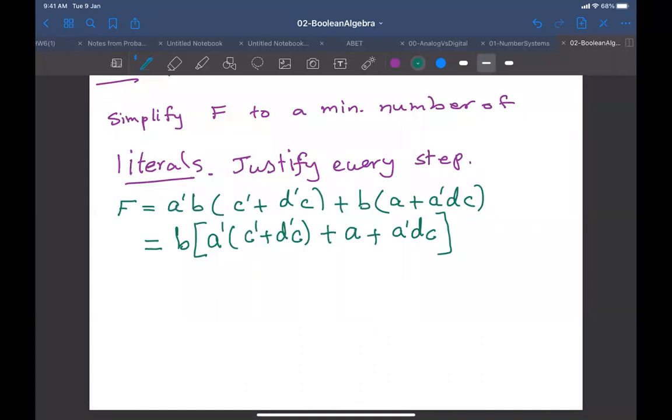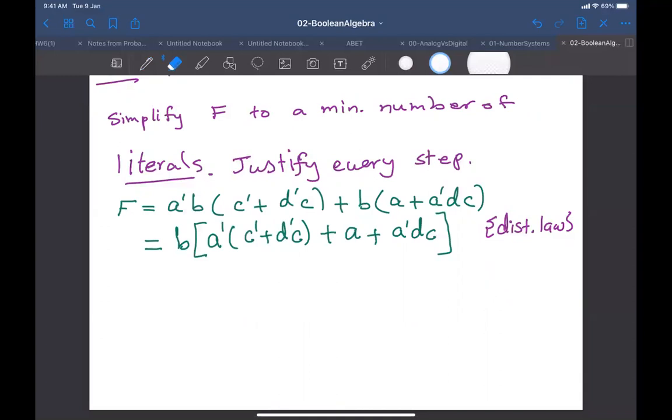I would like to justify my step. This is using the distributive law. Remember the distributive law, it says xy or xz is equal to x as a common factor, y or z. This is what we used.